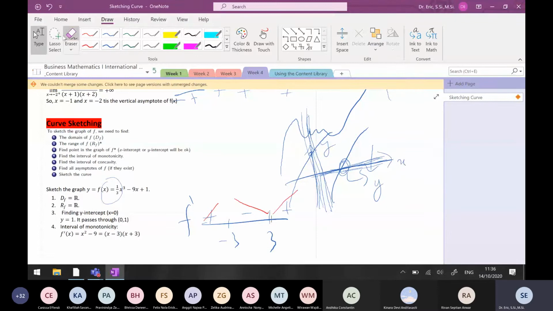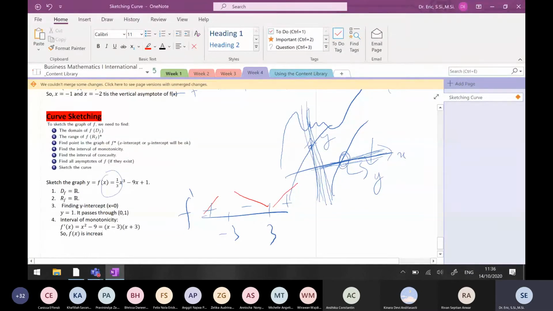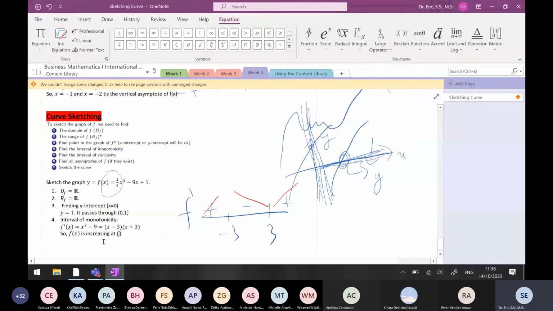Let's write this. f(x) is increasing at the interval minus infinity until minus 3, union with 3 until infinity.